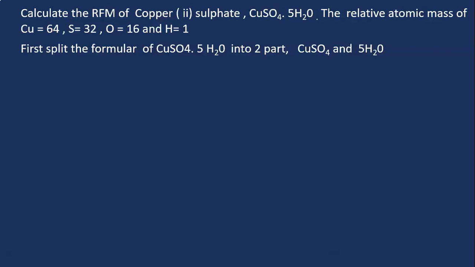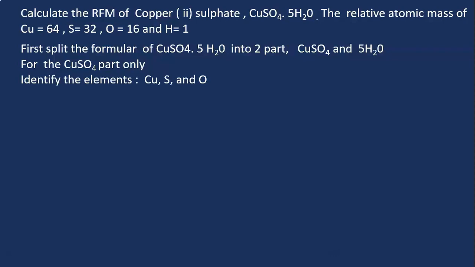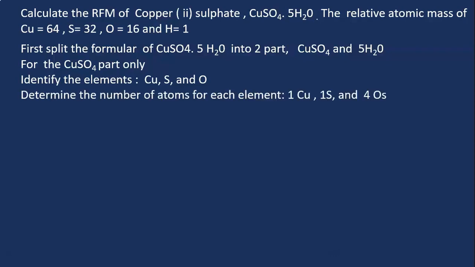For example, here we have copper sulphate and 5 molecules of water. Let's deal with each part. For the copper sulphate part only, follow the same principles. Identify the elements, which are copper, sulfur, and oxygen, followed by determining the number of atoms for each element. We have 1 copper atom, 1 sulfur atom, and 4 oxygen atoms.